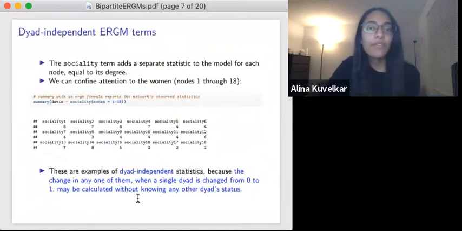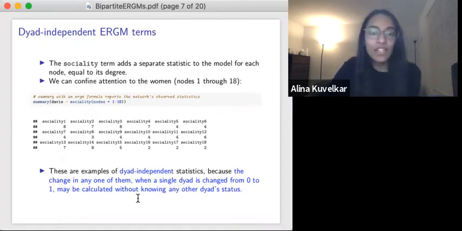Now we can consider the following model that uses the dyad-independent term, sociality. A dyad-independent statistic is a statistic such that if a single edge in a dyad is toggled from 0 to 1, then the change in the statistic can be calculated without knowledge of the other dyads in the network.